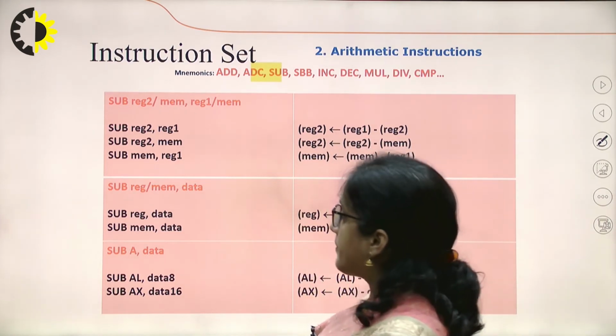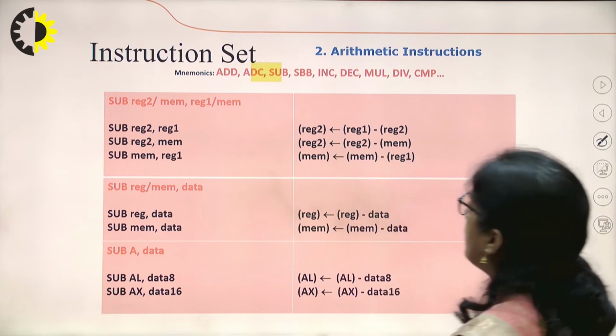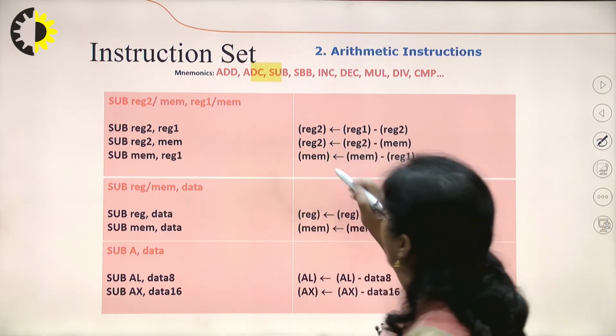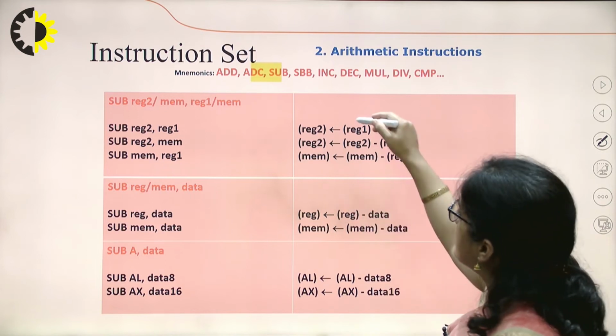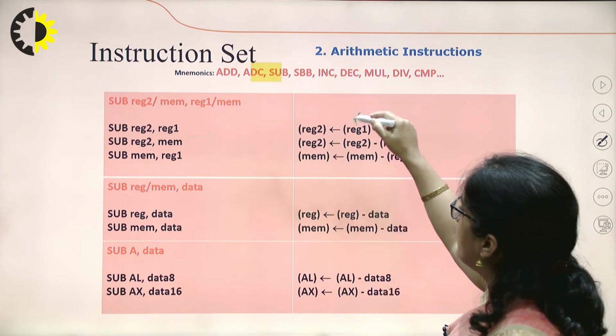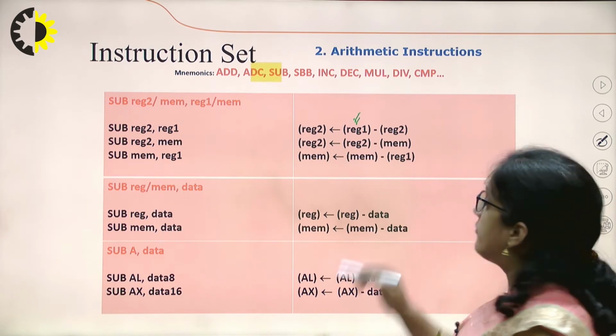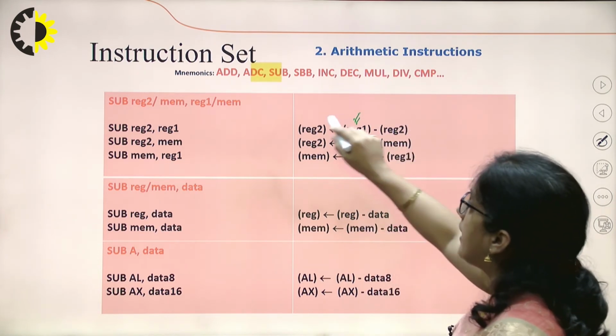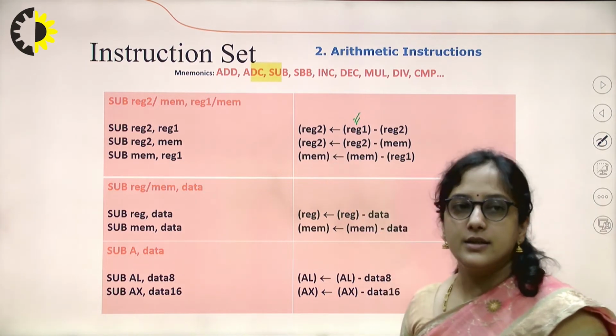In case of subtraction, again we have to consider the cases. Here you can see that the content of register 1 will be the higher one, meaning we are subtracting the content of register 2 from register 1 and the result will be stored in register 2.